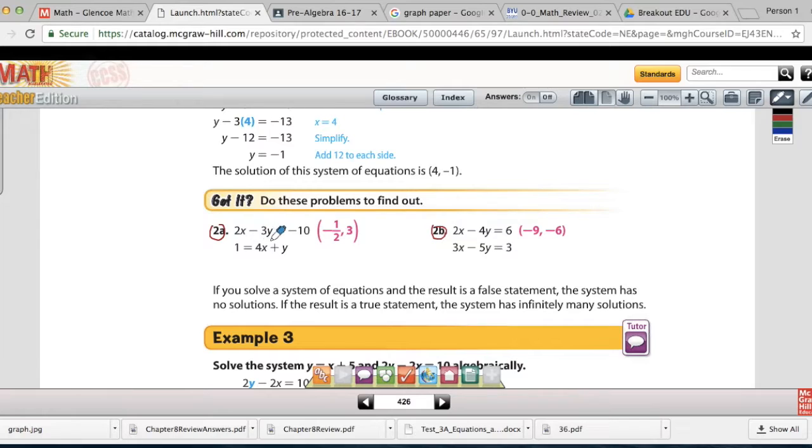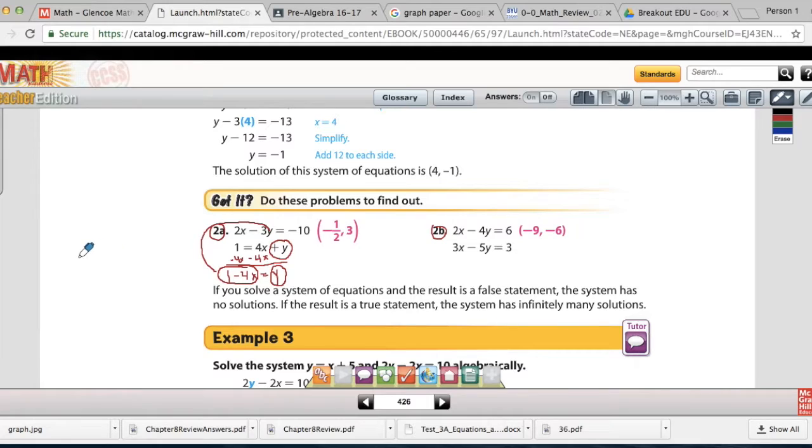I'm going to start with 2a, and what I'm looking for is a single variable like this y. So I'm going to take away 4x to get 1 minus 4x equals y. Because it equals y, I should be able to take whatever y equals and put that in for y in the first equation.